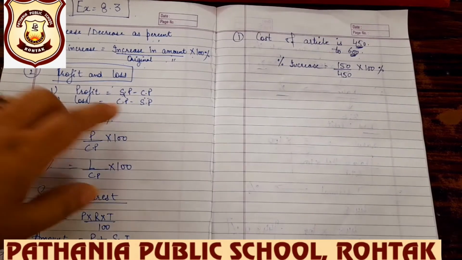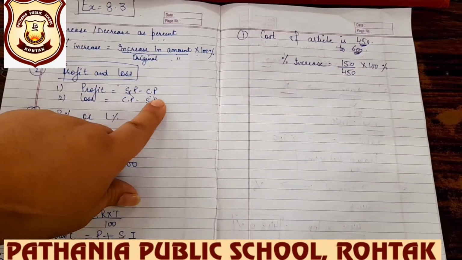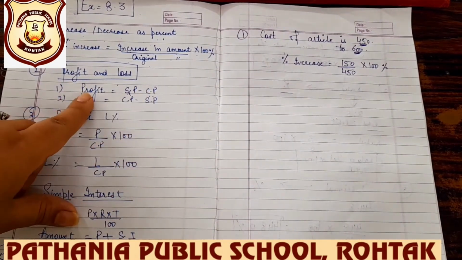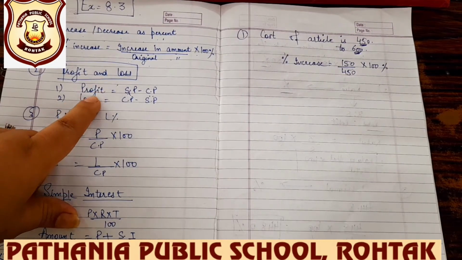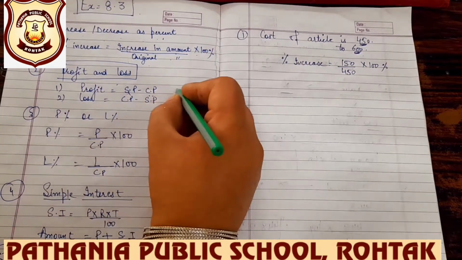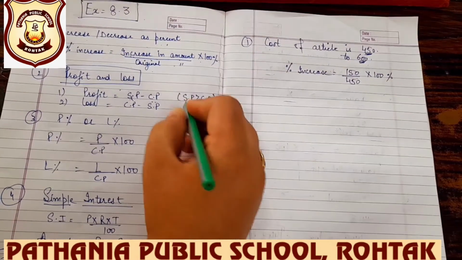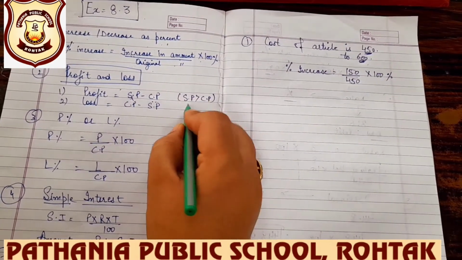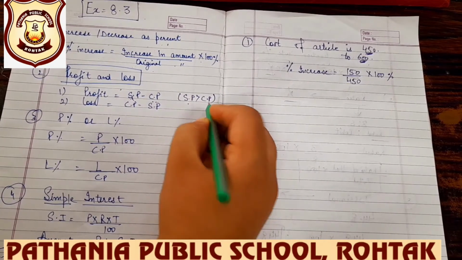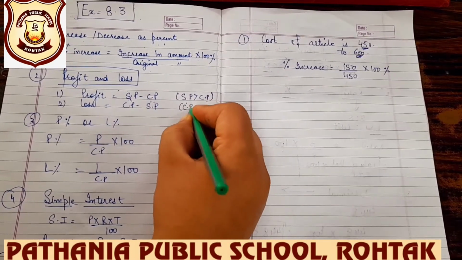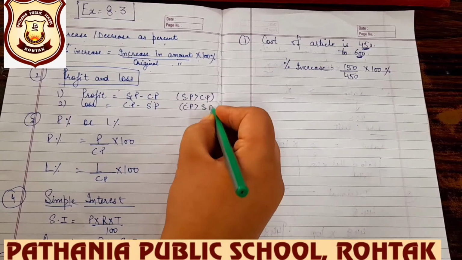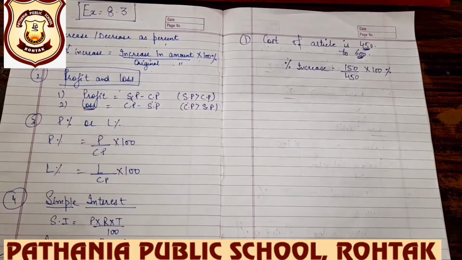So when SP is more than CP, that means profit. So formula to find out profit is SP minus CP. And when will there be profit? When SP is more than CP. And when CP is more than SP, that means loss.